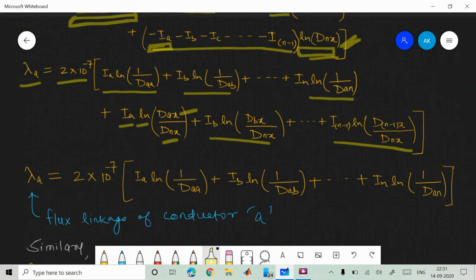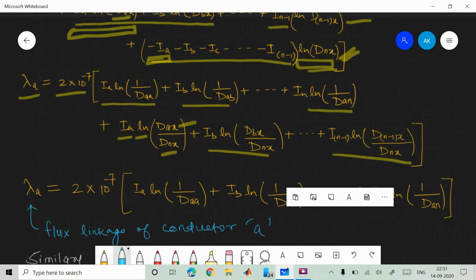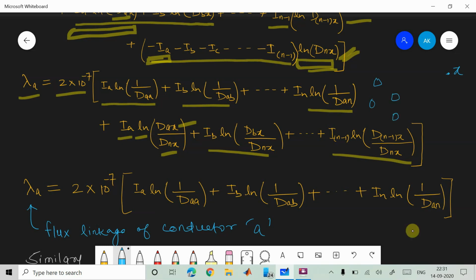Now see an important thing. What we have considered earlier in the assumption, that your point x was very far away from your conductors. These were your conductors. Okay. So this point x is very far away from all these conductors.